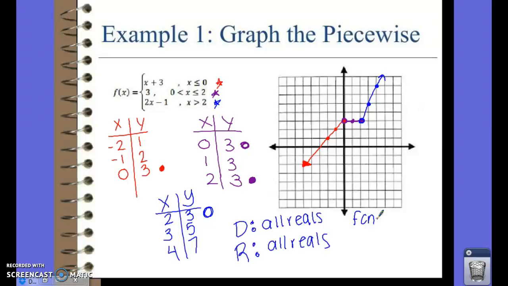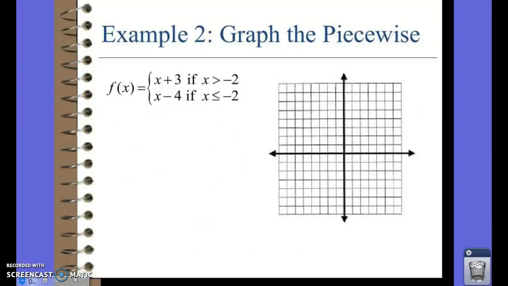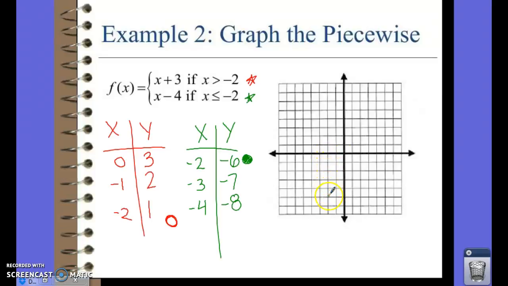Okay, well, let's go down to the next graph. So go ahead, take a minute, and I want you to see if you can identify, okay, 2 lines going in opposite directions, making my domain all reals again, because the jump points match up, and my range, well, my range is kind of goofy.